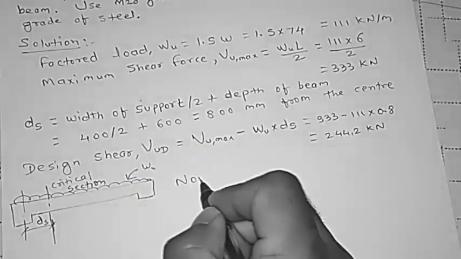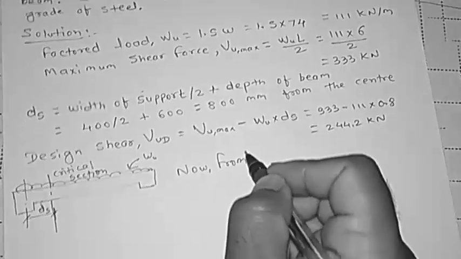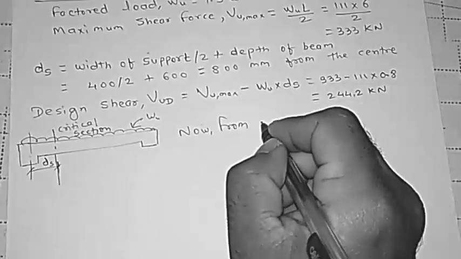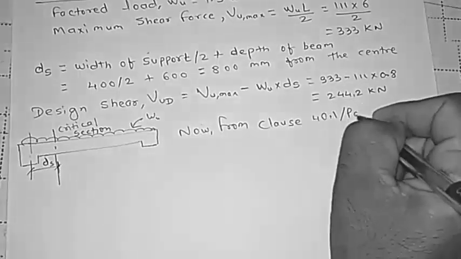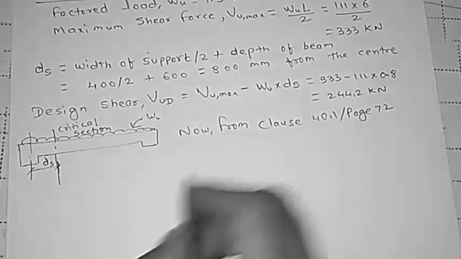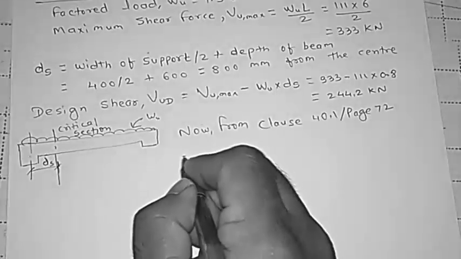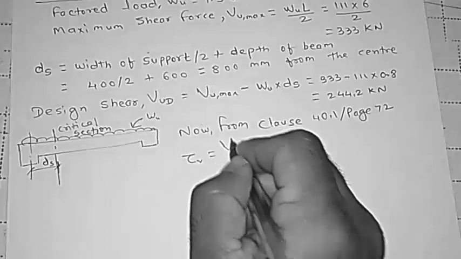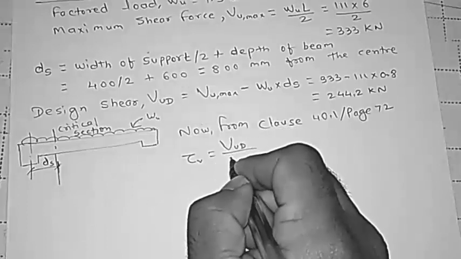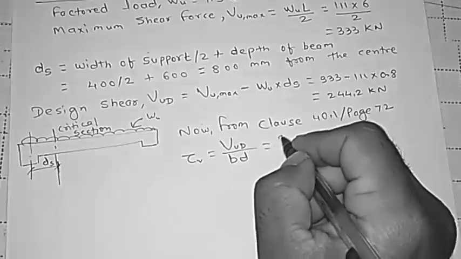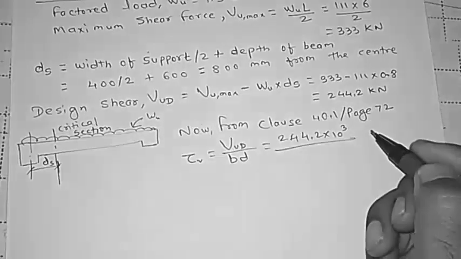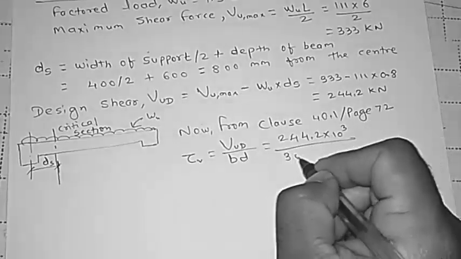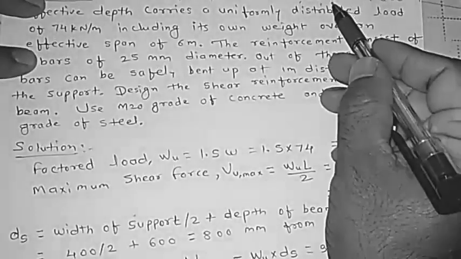From clause 40.1, page number 72, we got tau v, which equals Vud divided by bd. Vud we got here is 244.2 kilonewton. We'll convert into Newton, divided by bd. Width is 300 mm and depth is 600 mm.